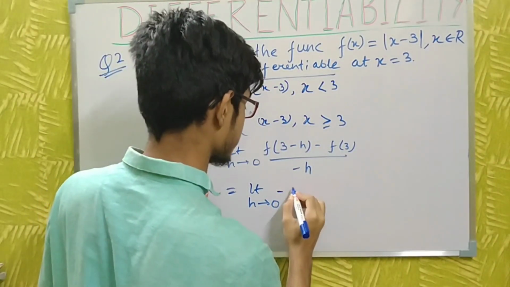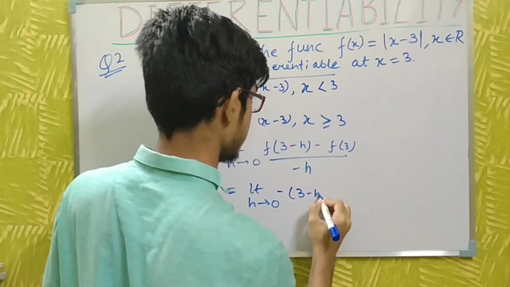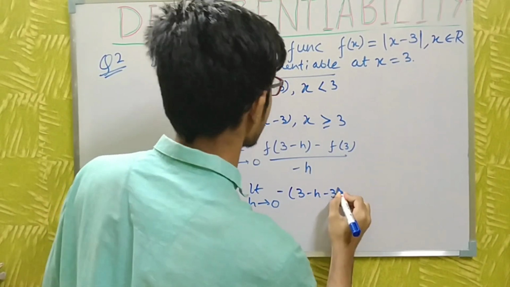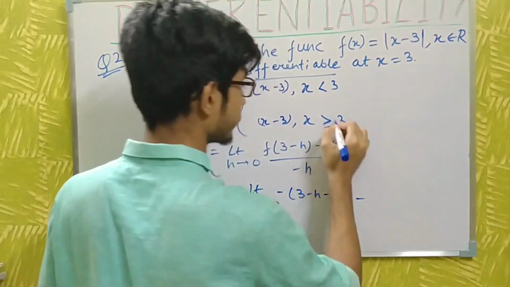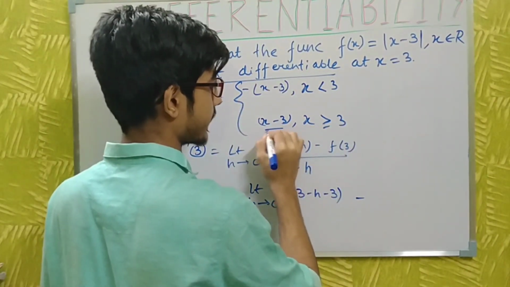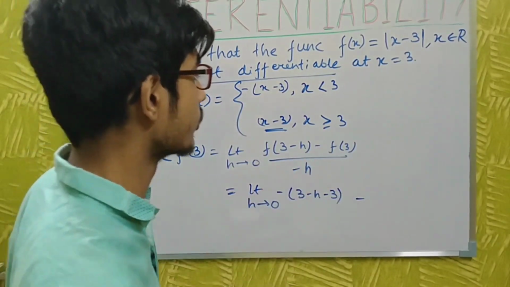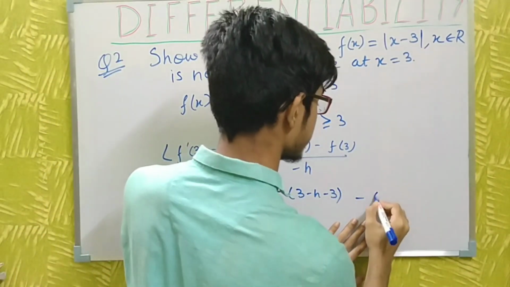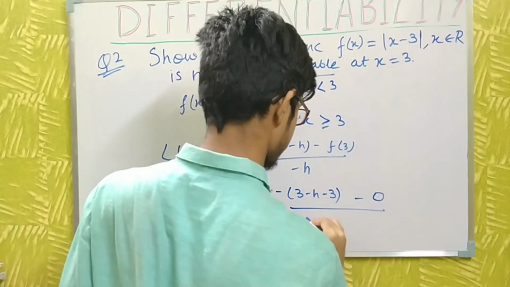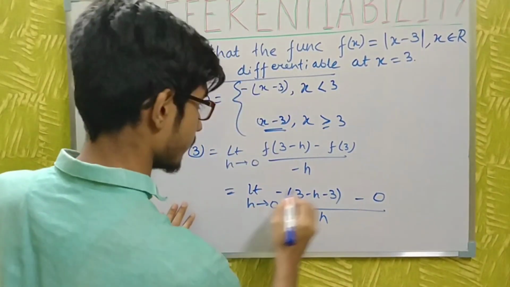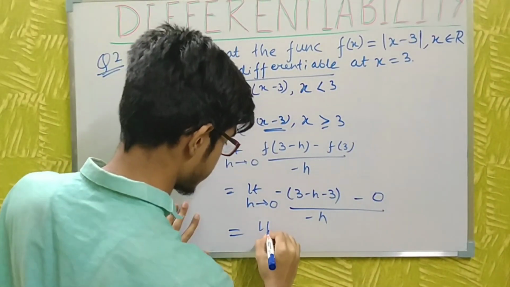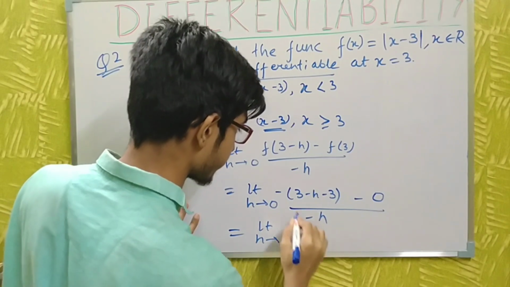So it will be minus of 3 minus h minus 3, minus f of 3, which is x minus 3. As x is equal to 3, it will be 3 minus 3, which is 0, and it will be minus h. Now limit h tends to 0.